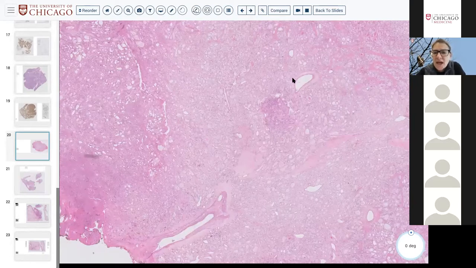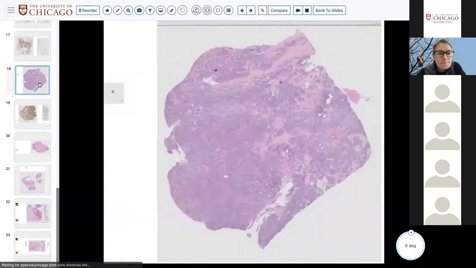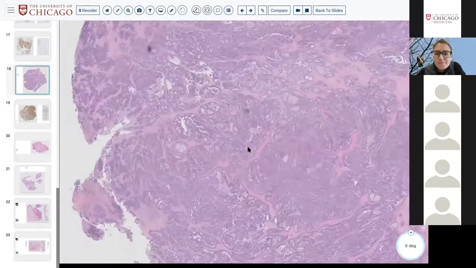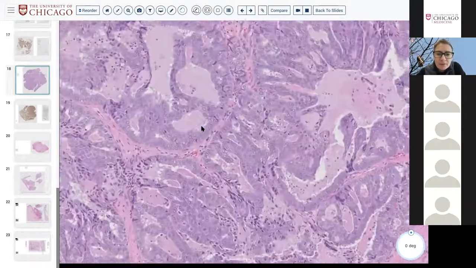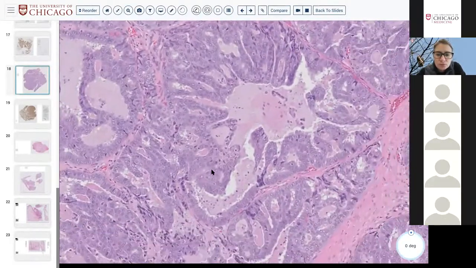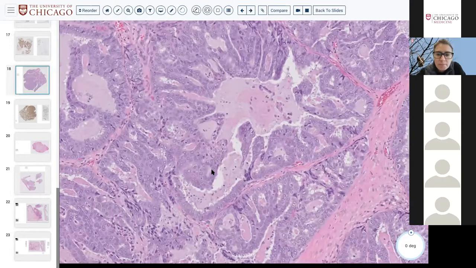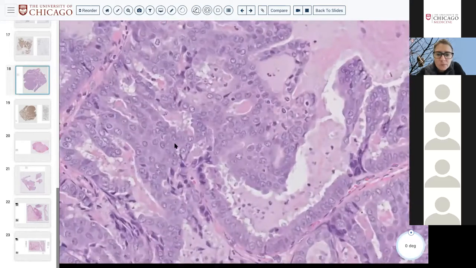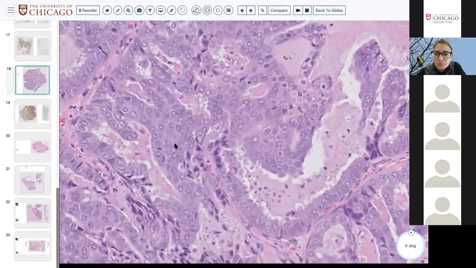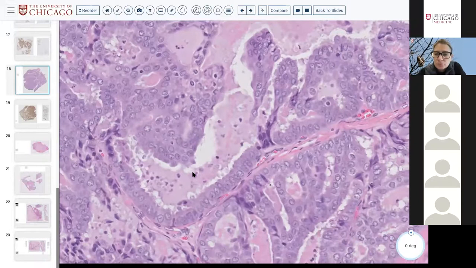Okay, I saw something about PAS with diastase. What would that be for? I thought the secretions would highlight and then probably give us some sort of direction, because when we start off with CK7, CDX2 and CK20, I just thought about these secretions, and maybe that might help.